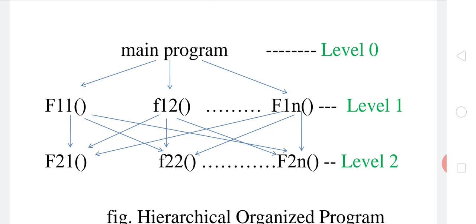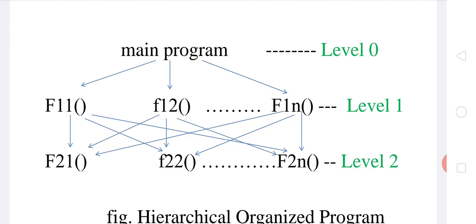This means the main program utilizes the services of the functions appearing at level 1. At level 1 there are a number of functions, and each function contains a number of statements which are useful to the main program. The main program uses the services of the next level functions without knowing the implementation details.